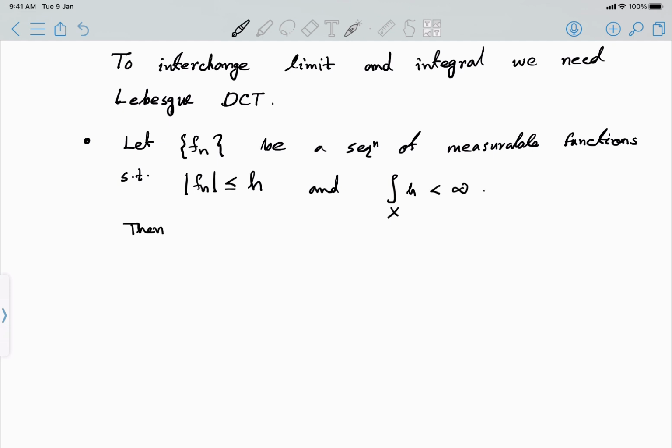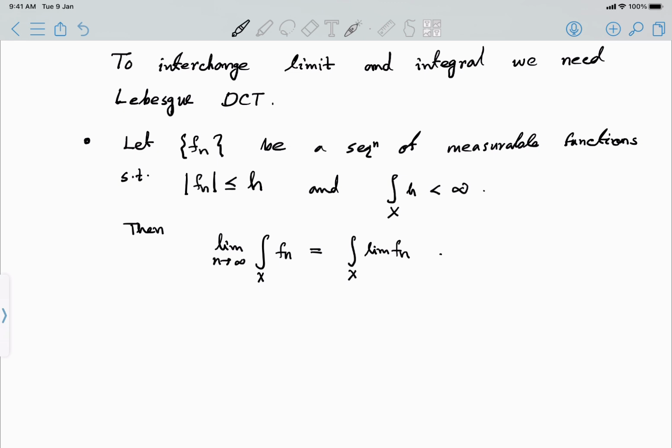Then you can interchange the integral and limit of fn, right? So this is the Lebesgue dominated convergence theorem.